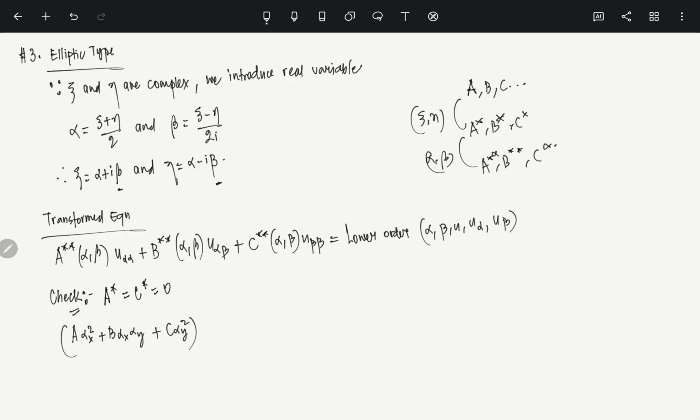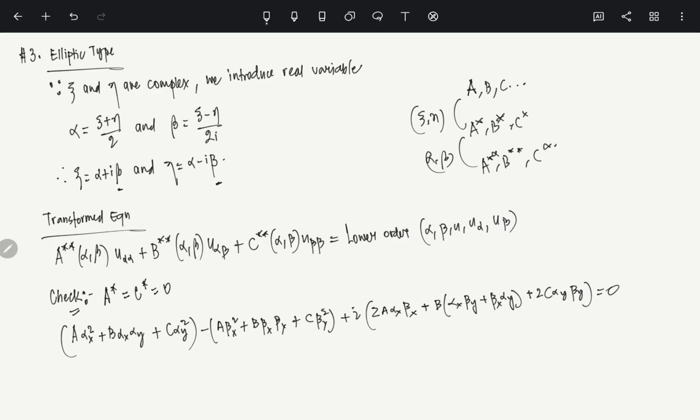So this is the first expression, minus a beta x square plus b beta x beta y plus c beta y square, this plus i times 2a alpha x beta x plus b (alpha x beta y plus beta x alpha y) plus 2c alpha y beta y. This is basically 0, right?